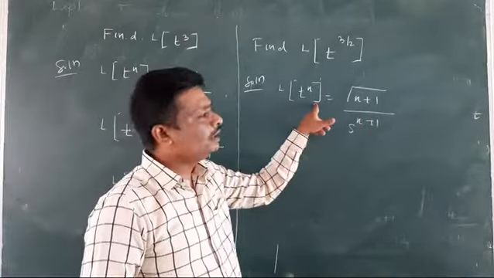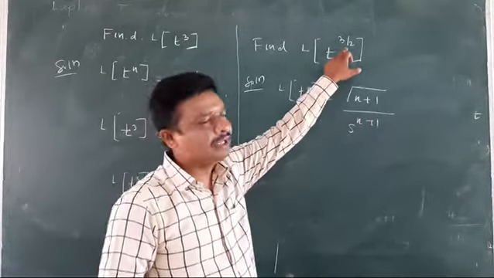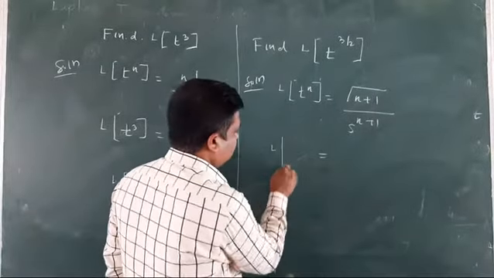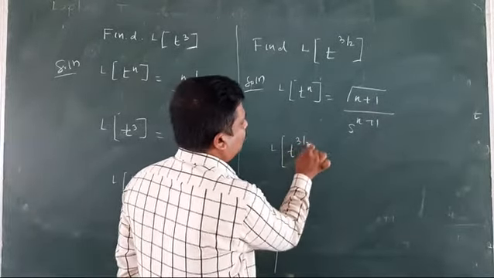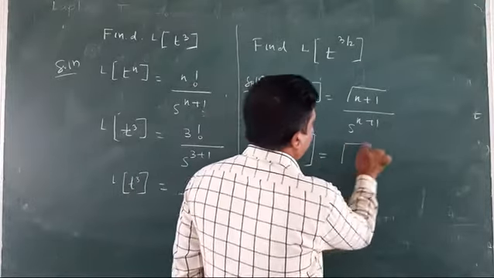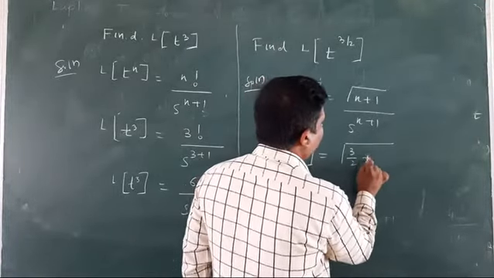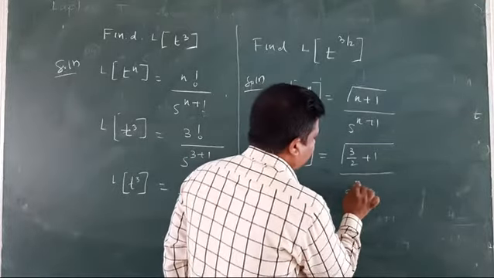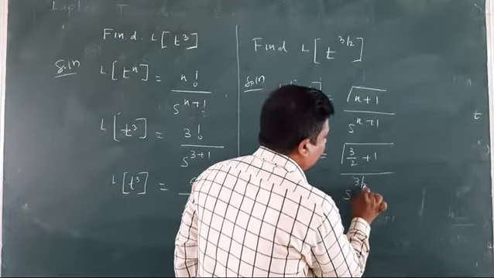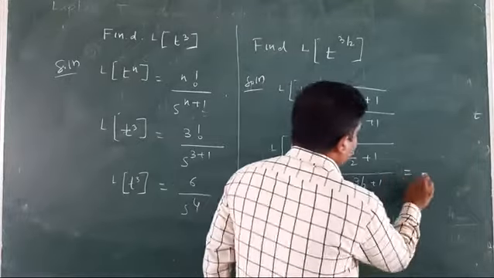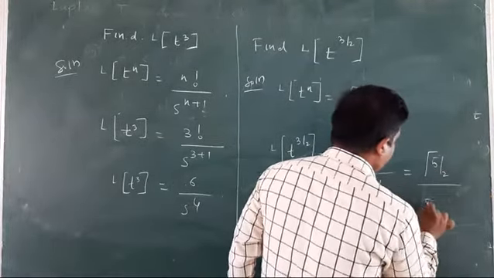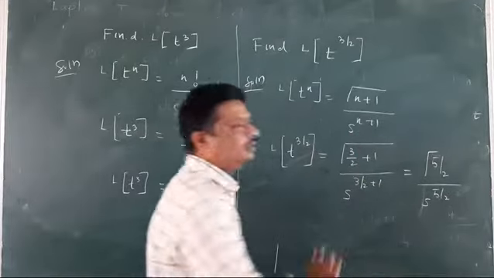This formula is useful when the power is a rational number. So this implies t to the power of 3 upon 2 gives gamma of 3 upon 2 plus 1 divided by s to the power 3 upon 2 plus 1. So this implies gamma of 5 upon 2 divided by s to the power 5 upon 2.